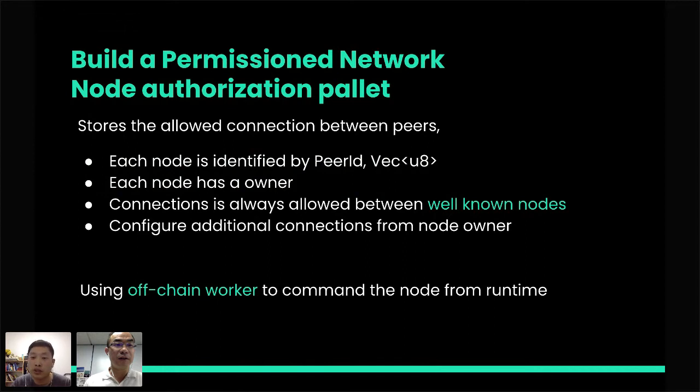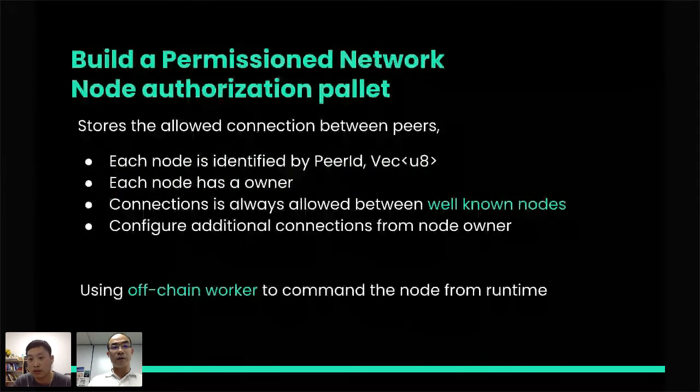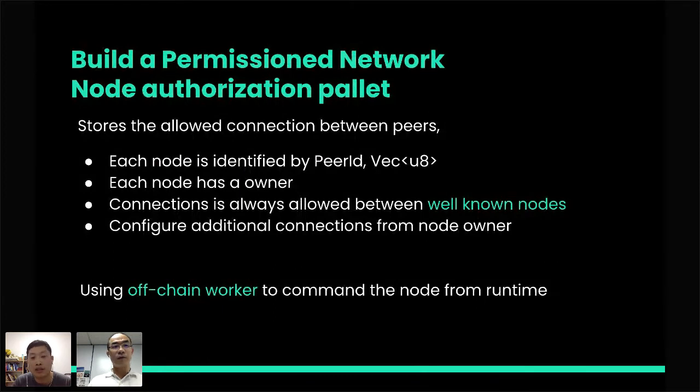The basic definition is that the connection between well-known nodes is allowed, right? You have 3 well-known nodes, and they can connect to each other. There's a scenario where you want to form a permission network which has 3 organizations, right?